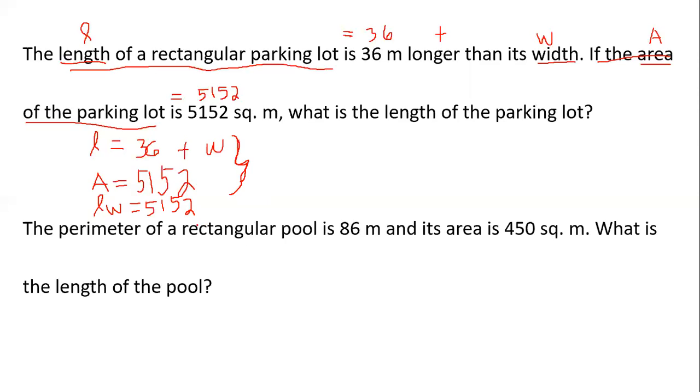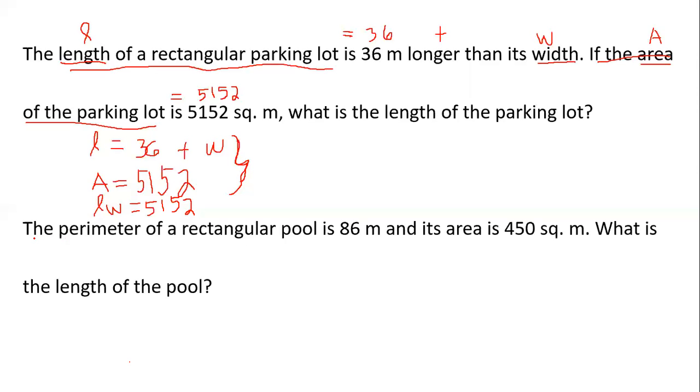Next, kung nakuha nyo na po yan, pwede na po ba natin burahin para magkaroon po ng space o ilagay ko na lang dito sa baba. Okay. So the perimeter of a rectangular pool is 86 meters. That's our first phrase.